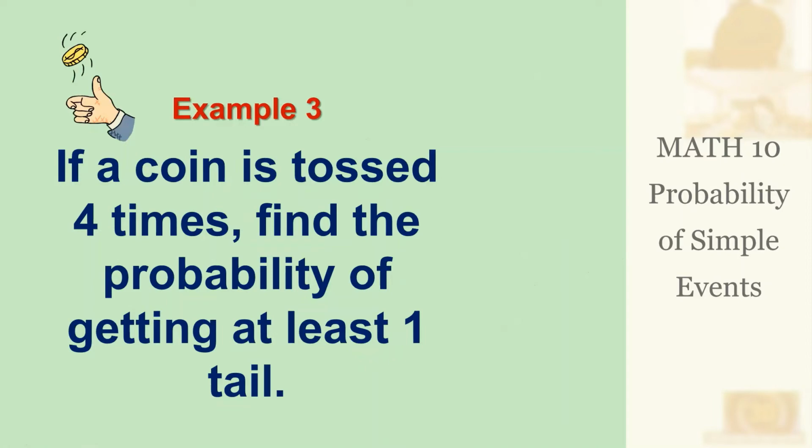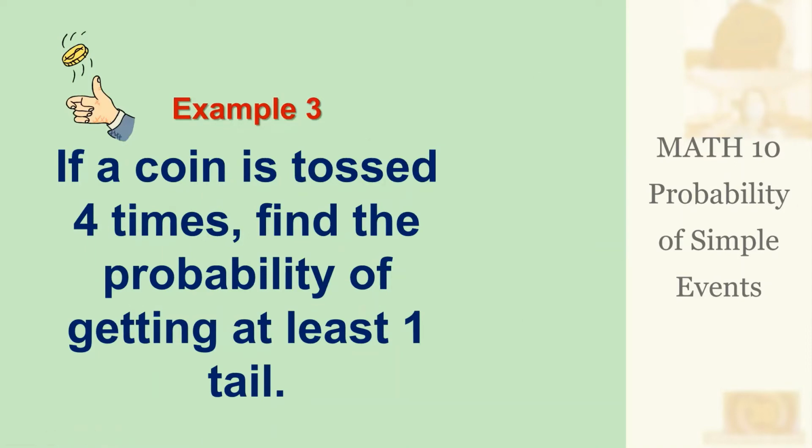I didn't make that question too difficult because it's 4 times. So there are so many outcomes. A while ago, you had to toss 3 times, so that was 8 outcomes. What about 4 times? Can you tell me the number of outcomes if you will toss a coin 4 times?